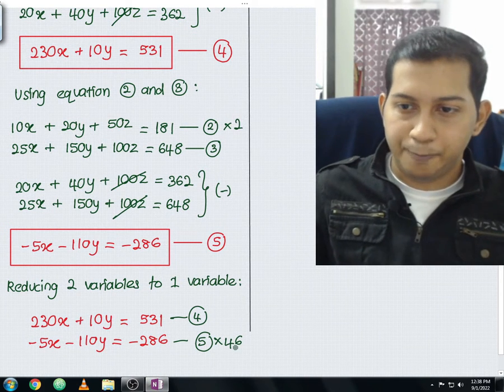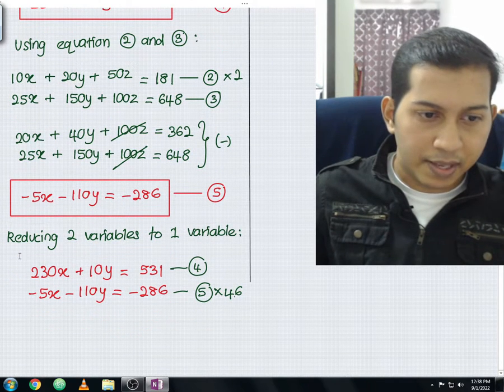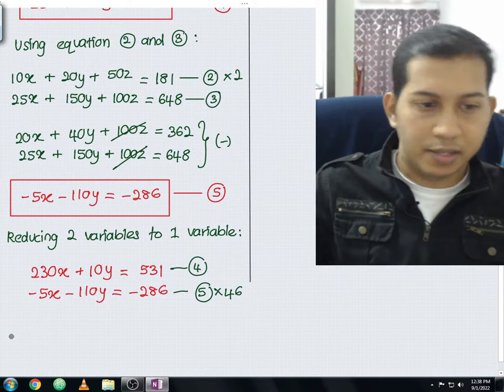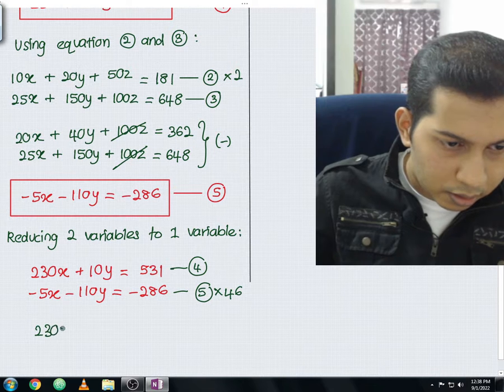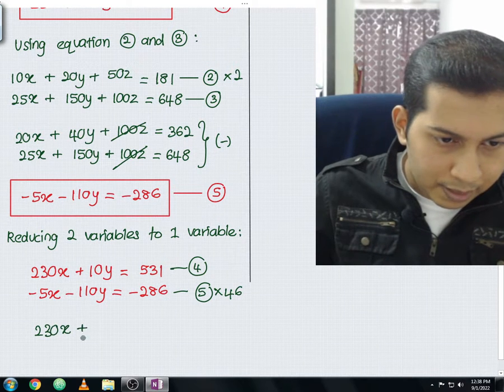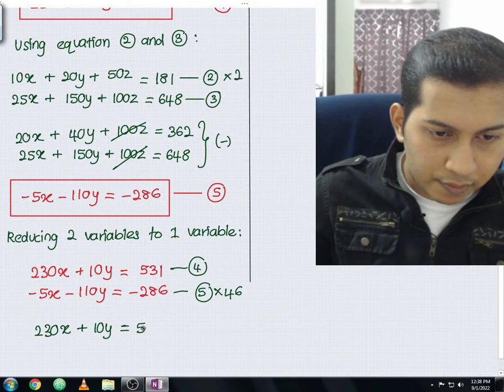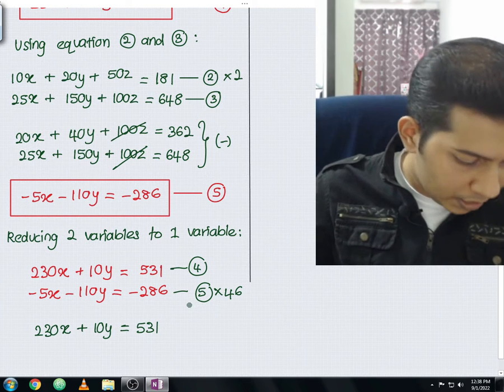So from here your equation 4 will remain the same. Let me just rewrite this again. So from here, 230x plus 10y equals 531.